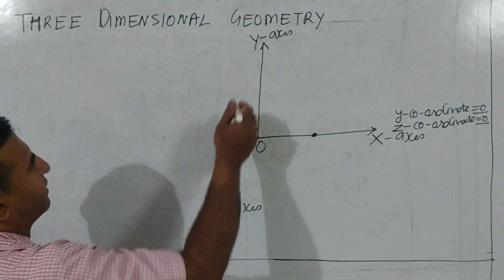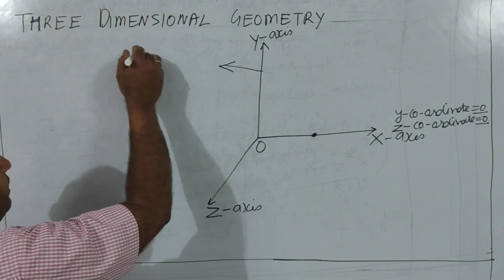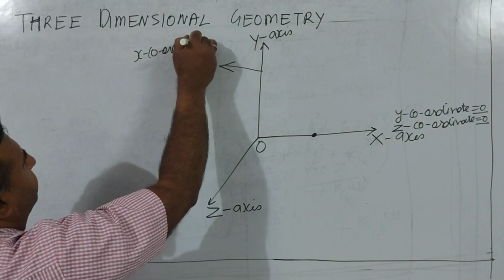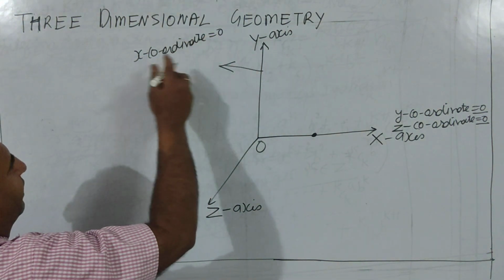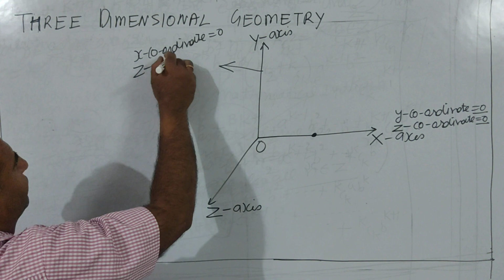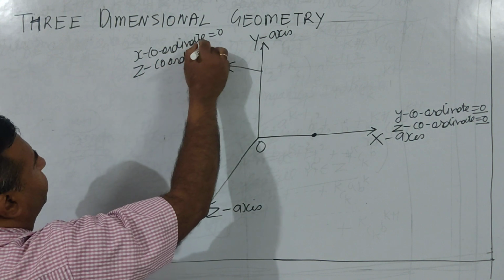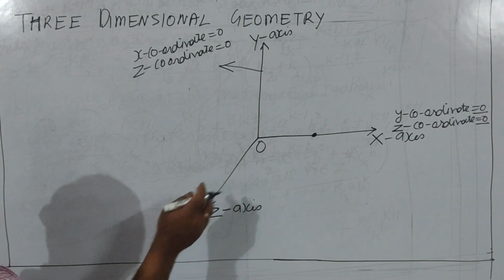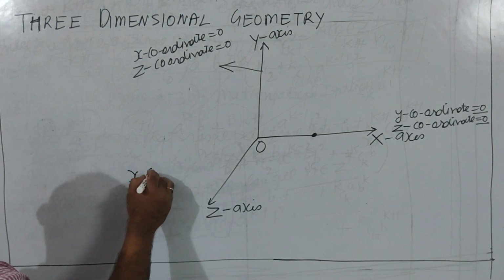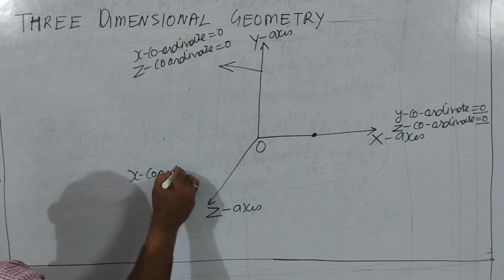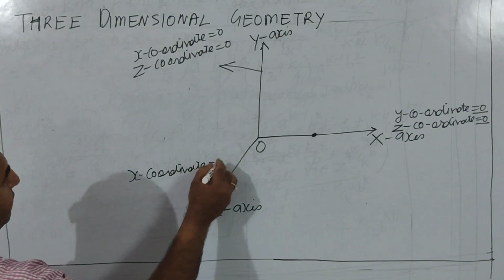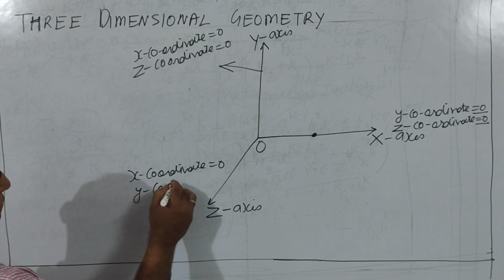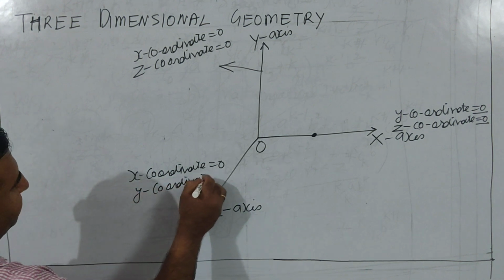On the y-axis, the x coordinate is 0 and the z coordinate is 0. Similarly, on the z-axis, the x coordinate is 0 and the y coordinate is 0. Always remember this.